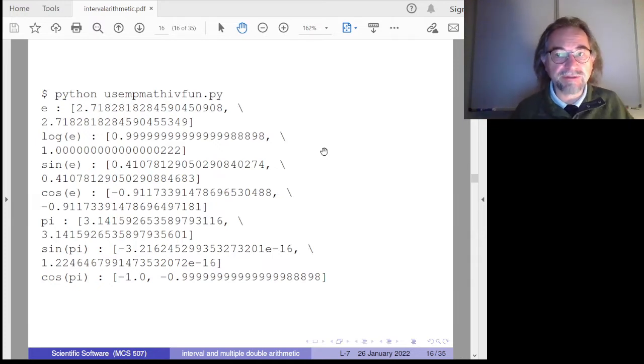The diameter of the interval gives an upper bound, an estimate for the accuracy of the computations.